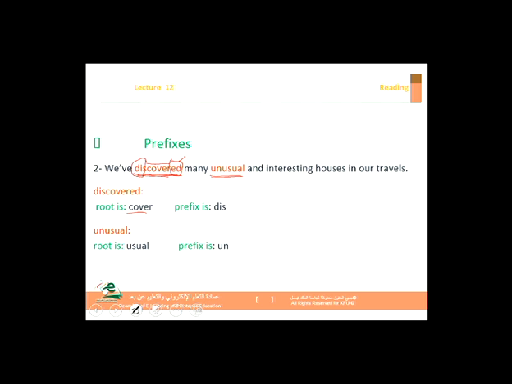The other one, unusual. This is the prefix un, which also denotes a negativity, so not. Un means not. So usual is the root. Usual means something that is normal, something that happens every day, usually. If it's unusual, it's really special, the opposite of usual.